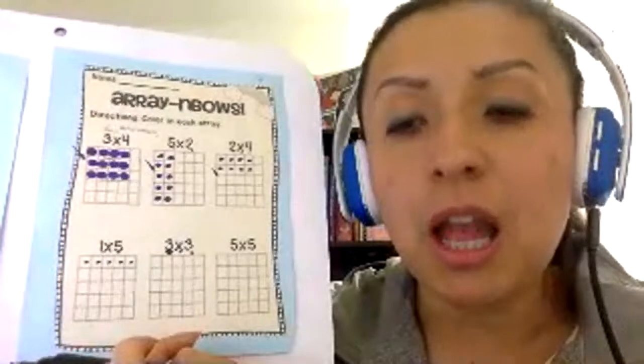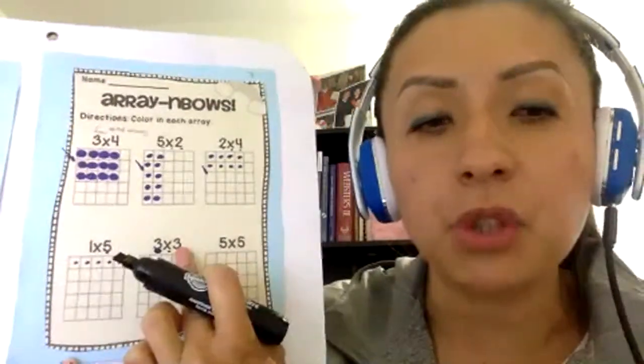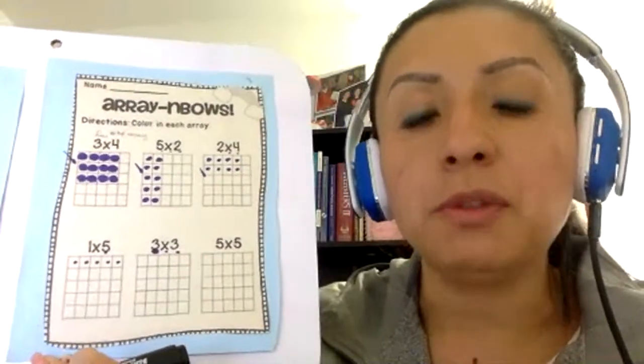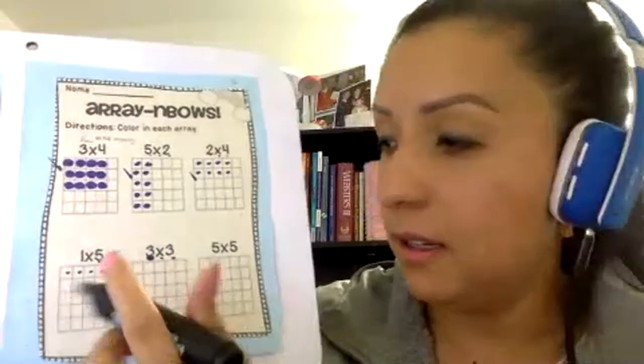Excellent. Very good. We have to make 3 groups. Now, how many dots do we have to draw? Very good. We have to make 3 groups of 3 dots.